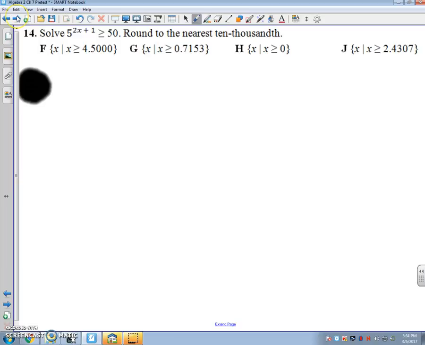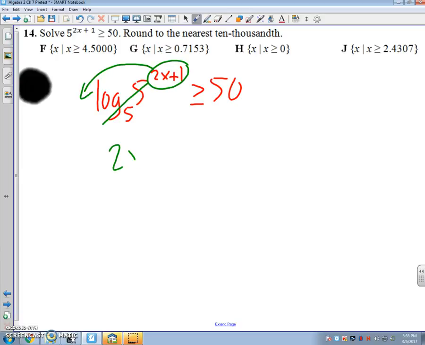Next one, 14. Solve this, round to the nearest 10,000th. Same idea. There's only one exponent of x, so that's good. I'll take log base 5 of both sides. Remember logarithms, log base 5 cancels. This exponent drops down in front. So 2x plus 1. I forgot to log this side as well: log base 5 of 50.